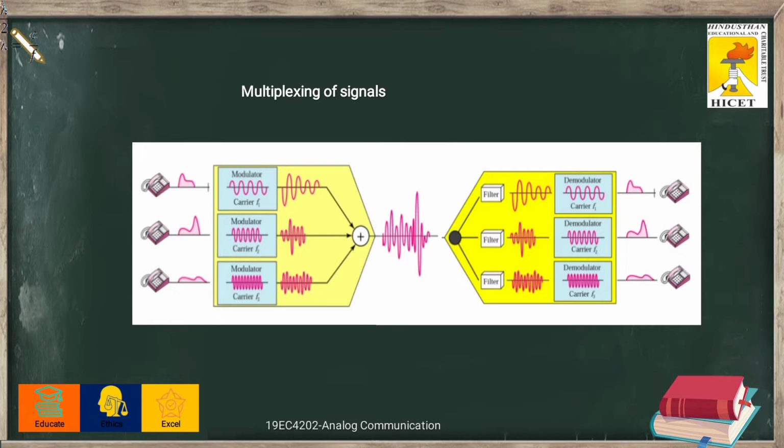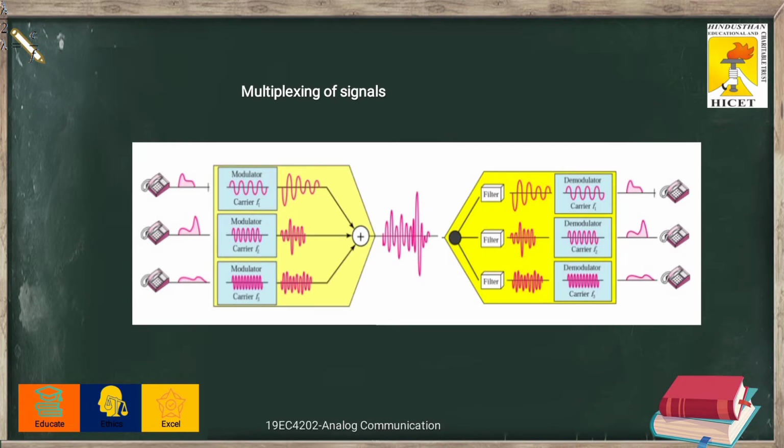So, what we do, we introduce the concept of multiplexing, whereby we translate each audio signal into a different frequency with the help of the carrier signal. That is, in this diagram, you can see that the carrier F1, carrier F2, and carrier F3 are used to translate the audio signals to different frequencies.